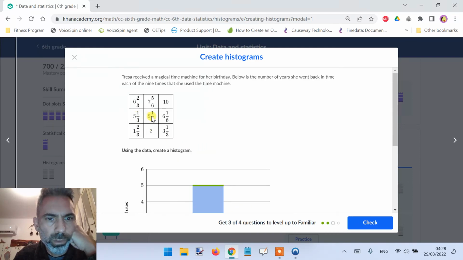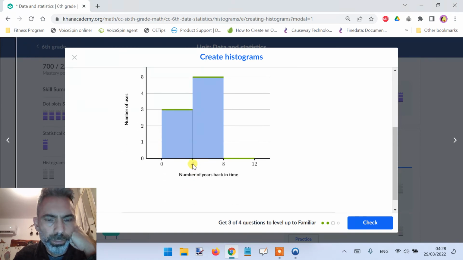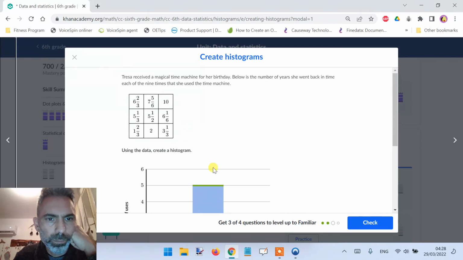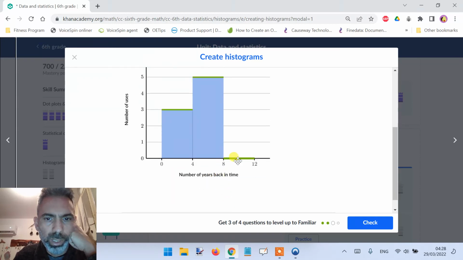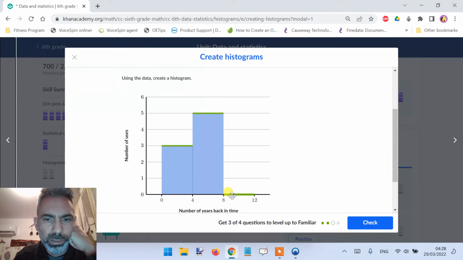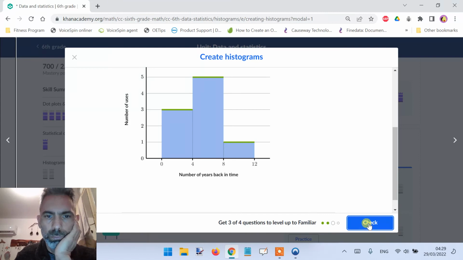So we have 5 usages where she went back in time between 4 and 8. And between 8 and 12 we have only 1 use where she went for 10 years. So 10 years falls in this range. So only 1 time. Okay, so how many in total usages? 3 plus 5 is 8, plus 1 is 9. So we have 9 usages of the time machine, so it's good.